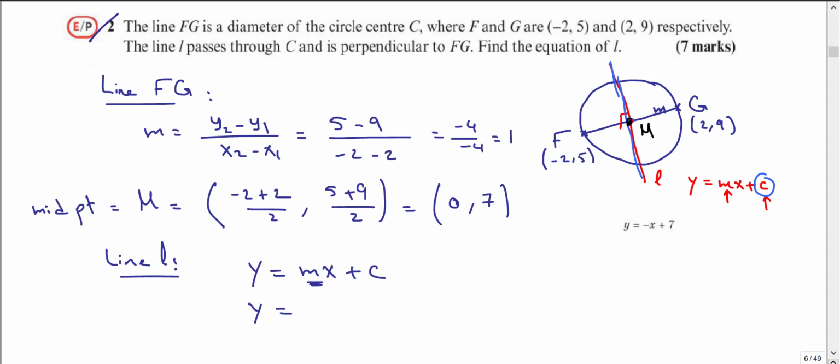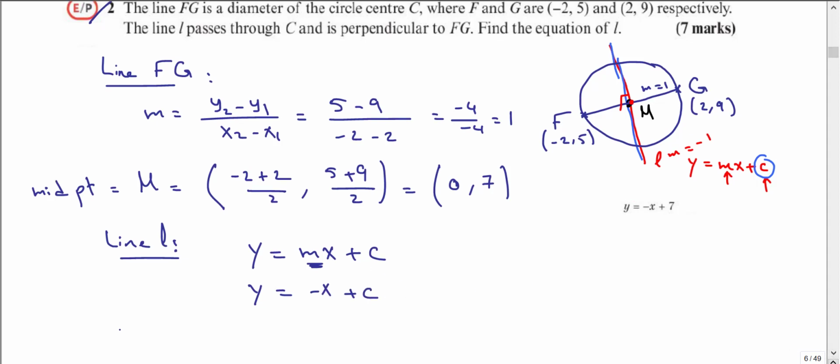The gradient of line L. 1 is the gradient of FG, so for line FG m equals 1. For L, m will equal what? Negative 1. You flip and you change the sign. So this is negative x plus c.